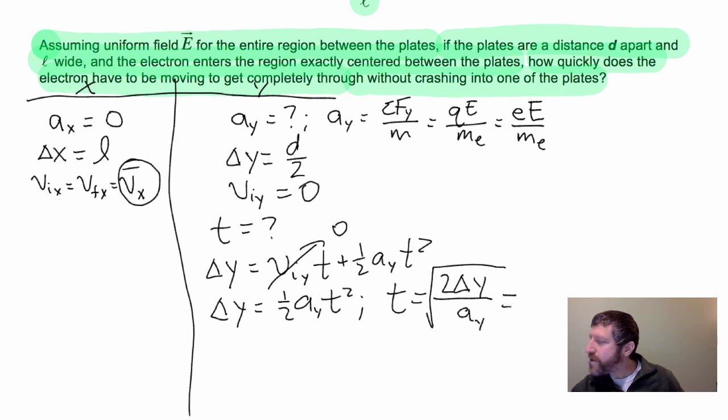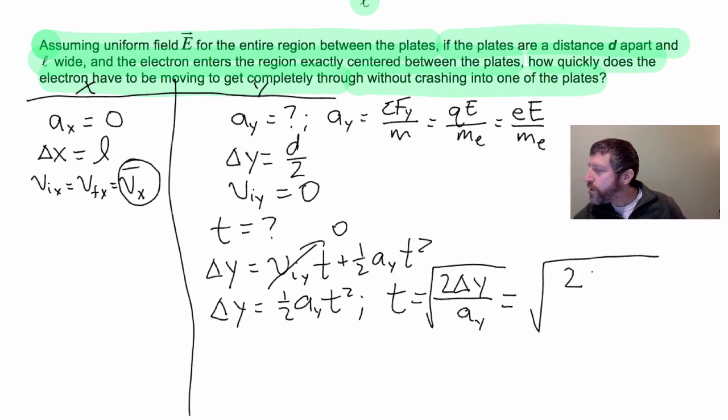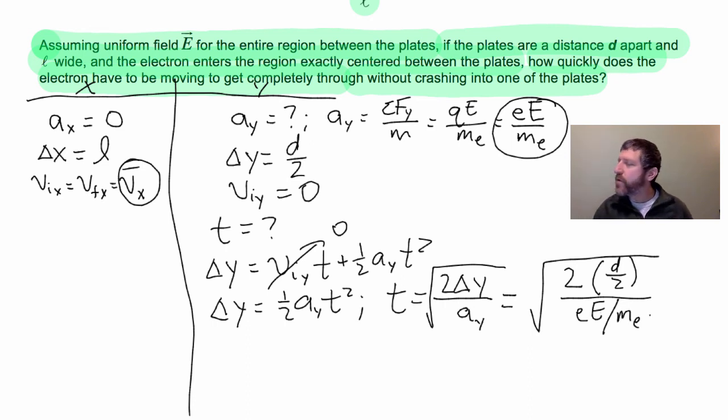I'm going to express this then as what it is. Square root of 2 times delta y, which is d over 2, over a y, which I already figured out up here, is E times E, electron charge times the electric field strength, which is the force, divided by the mass of the electron.